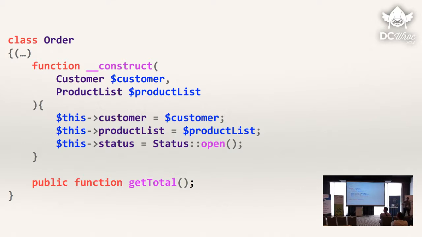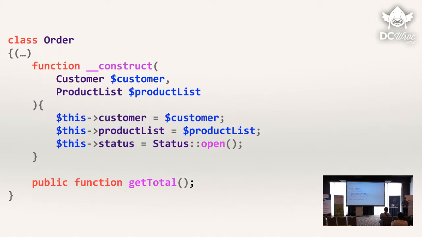So if you are using an object relational mapper, this aggregate will be mapped to some tables in database, but basically what you are interacting with is an order, and this order has a customer and has a product list, so it aggregates some other entities. That's the name for it.